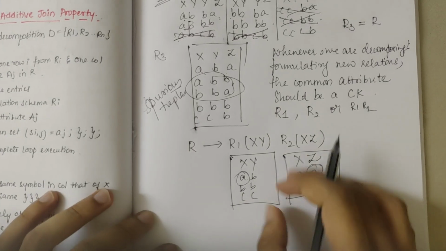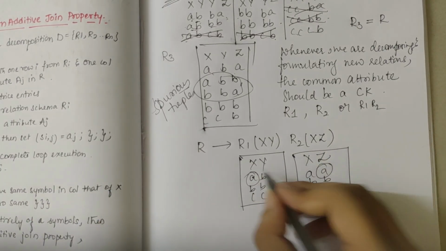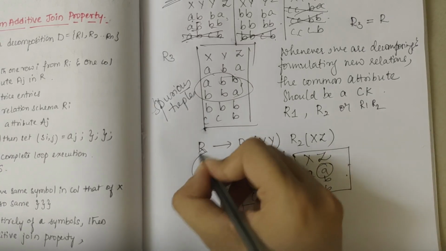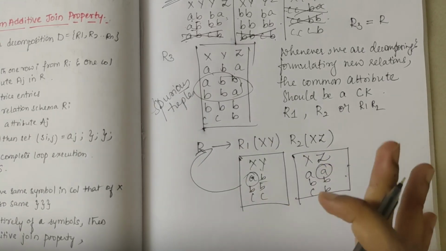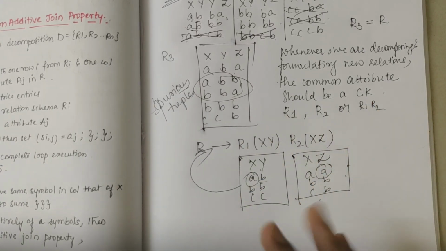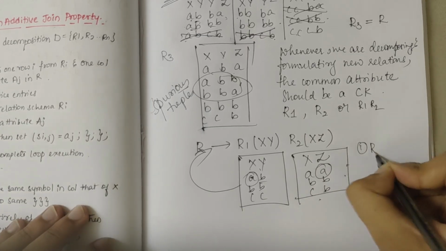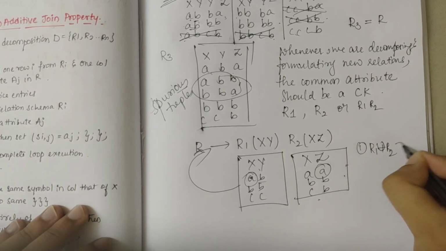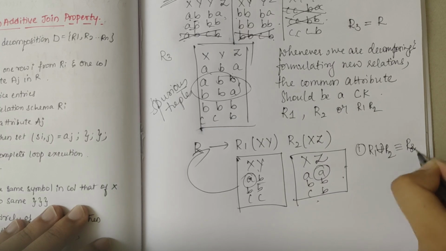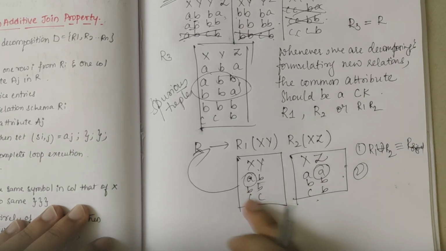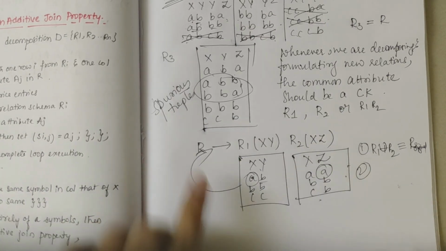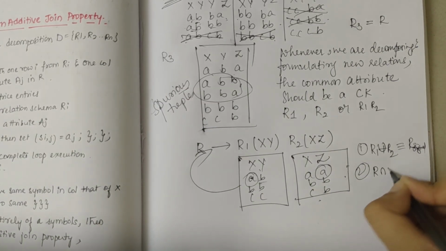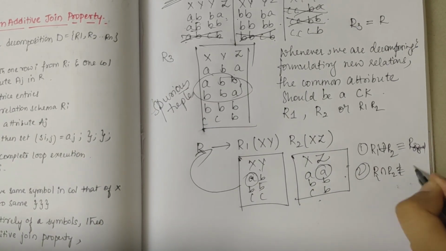So whenever I combine this, I'll obtain the same relation back. So that's what the lossless join property says. So it should obey the following conditions. If I do the union of R1 and R2, I should get the original R back. So that's what we have done here, right? So when I combine these two, I'm getting the original one back. And then if I do intersection of these two, I should not get null.